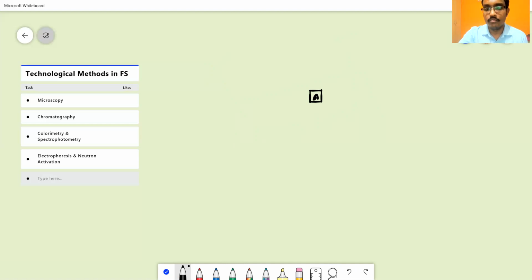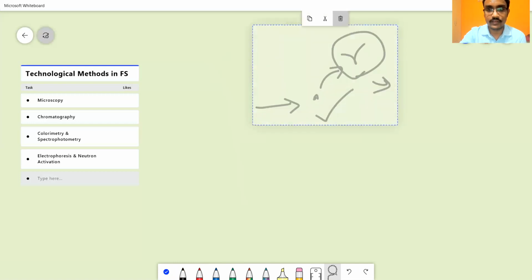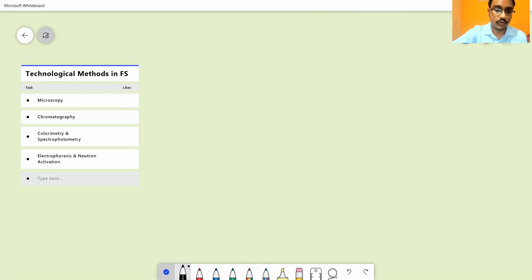So we bombard it with neutrons, we activate that metal, it starts producing gamma rays. Measuring these gamma rays, we will be able to identify what this metal is. We will be learning about neutron activation analysis and its forensic significance in our 4th unit.